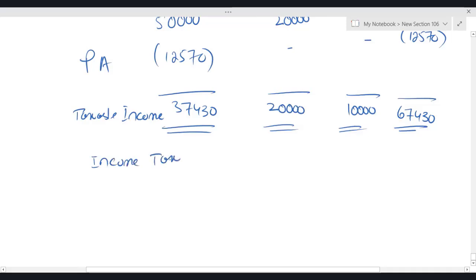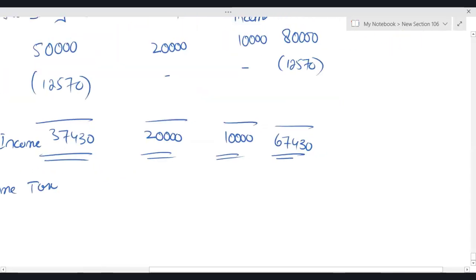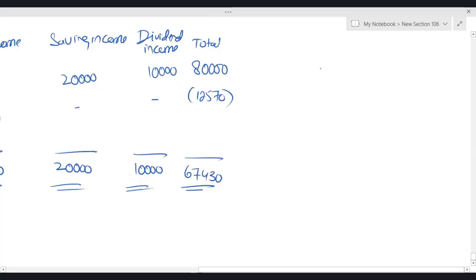Can I say the entire non-saving income of 37,430 obviously falls in the basic rate band? But now the basic rate band does not end at 37,700. The normal limit is 37,700.